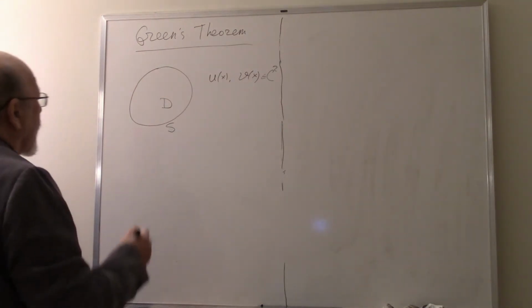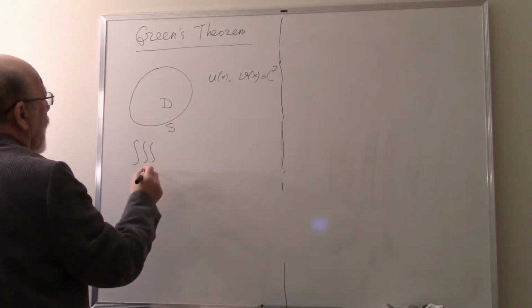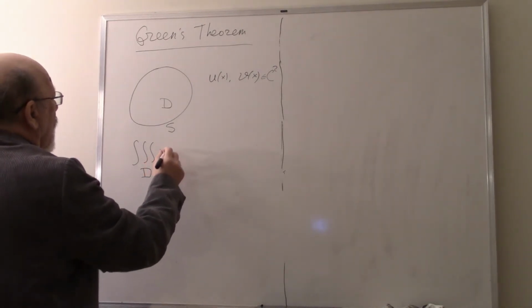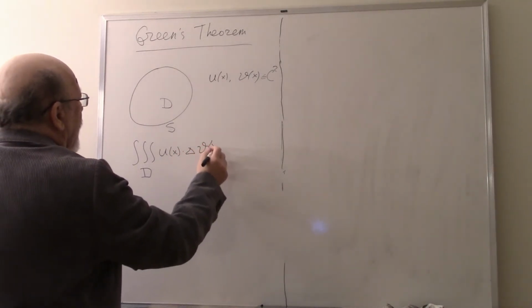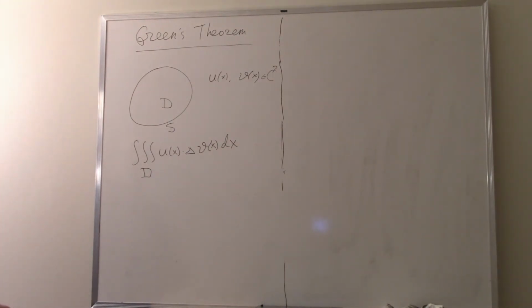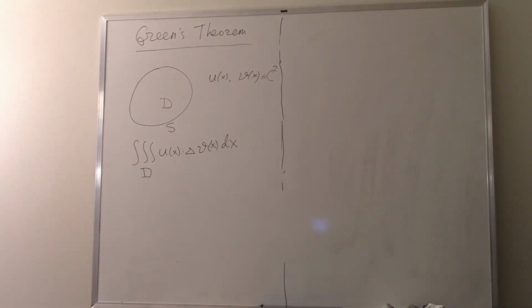And consider the following integral over D of u of x times Laplacian v of x dx. Again, we can transform it to the other form using partial integration.